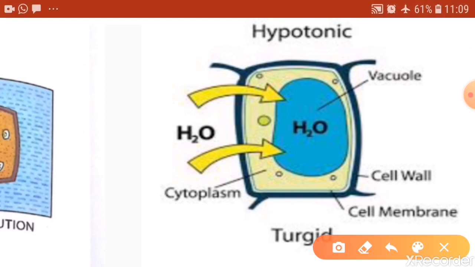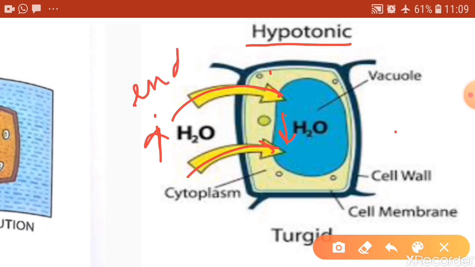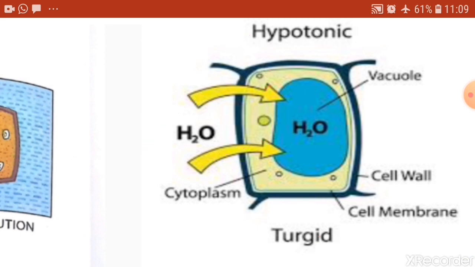In a hypotonic solution, when a cell is placed in a hypotonic medium around it, which can also be the sap of the adjacent cells, if the water content outside is higher than inside, the cell gains water by endosmosis and swells.